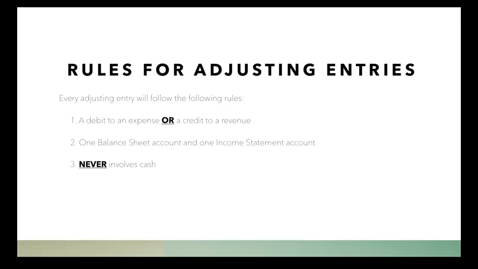These are to update balances in accounts. We aren't going to be using $1,000 of supplies at the end of every month. But throughout the month, we had used those supplies, and so we need to make this adjusting entry. We need to update our balances.